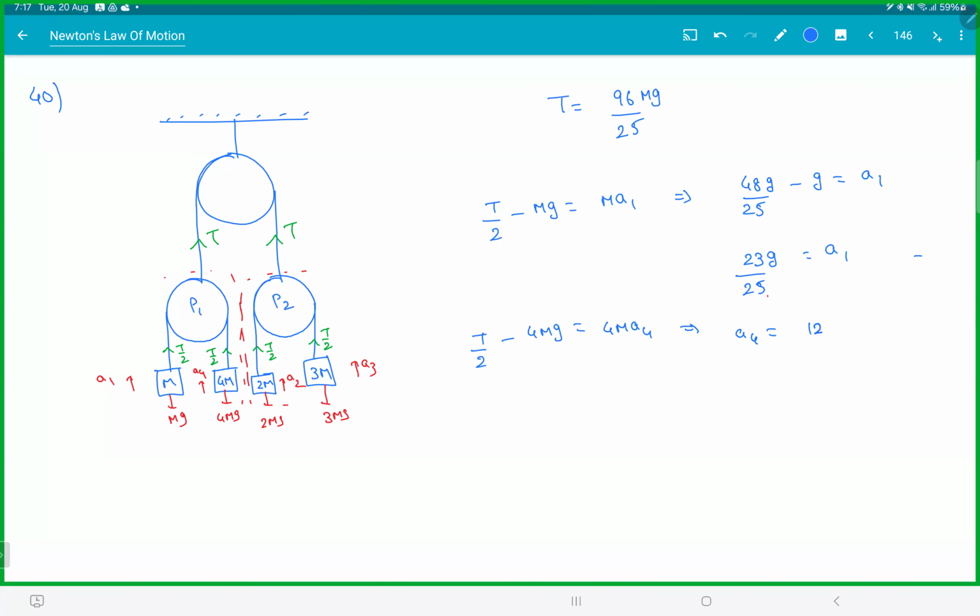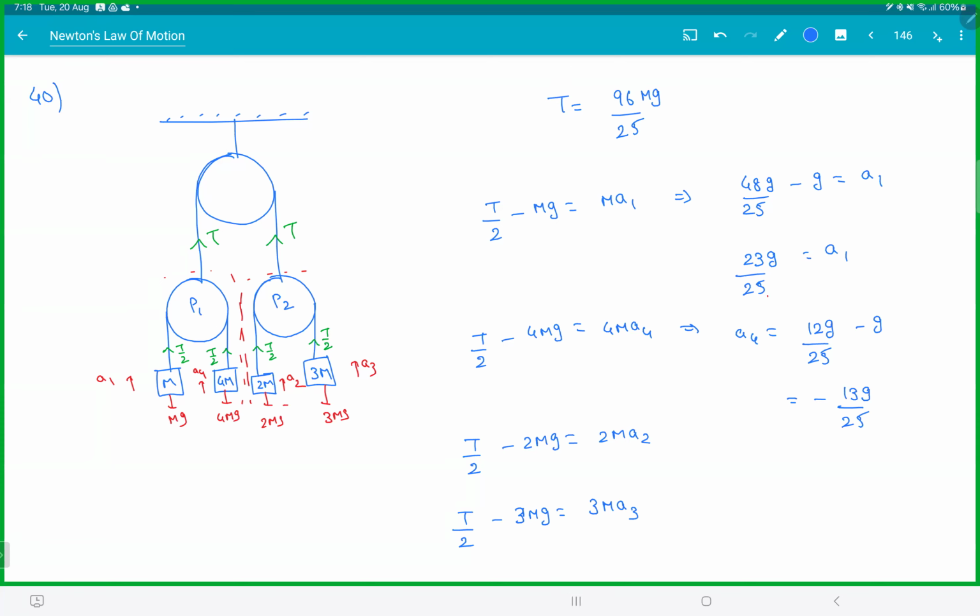So that is 12 g by 25 minus g. This is minus 13 g by 25. Minus indicates it is not going up, it is coming down. The signs will take care of it. T by 2 minus 2 mg is 2 ma2. Substitute the values there. T by 2 minus 3 mg is 3 ma3. Is this clear, everyone?